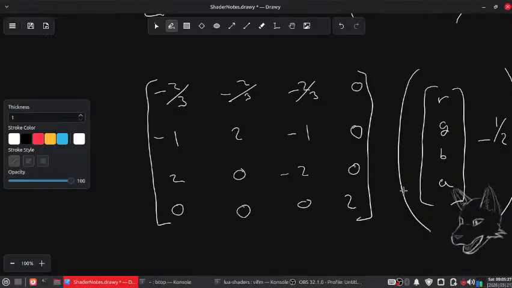So let's do a -2/3, -2/3 -2/3, 0 0 0 0 0 0 2, 2, -2 2, -1, -1.